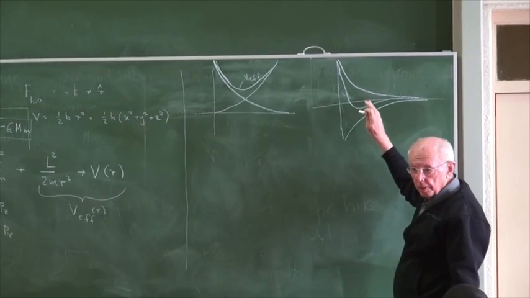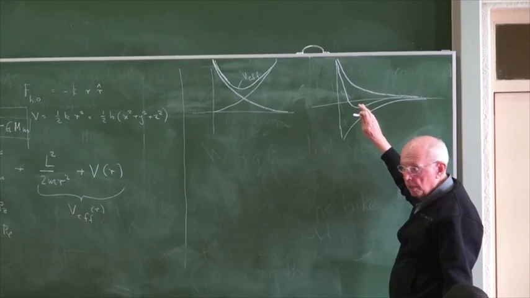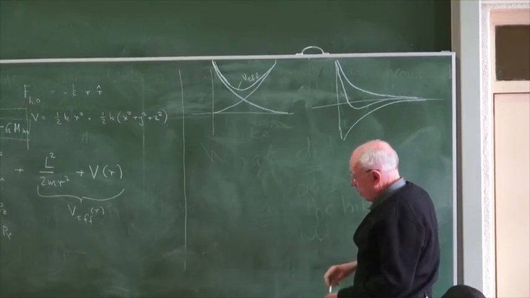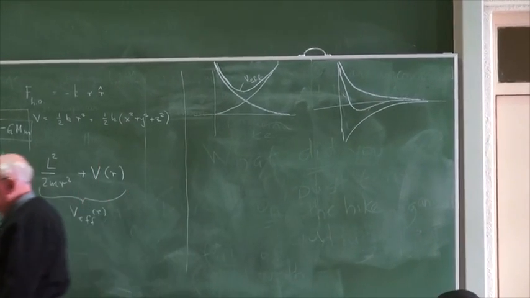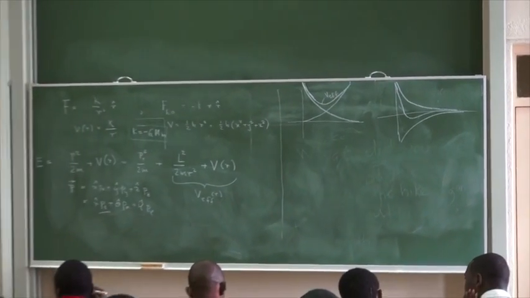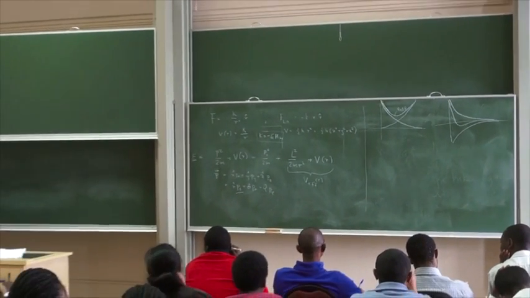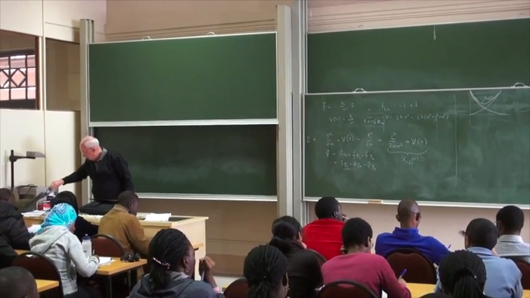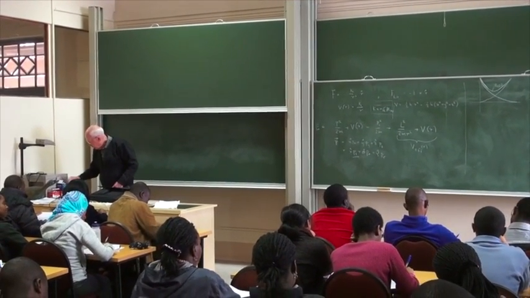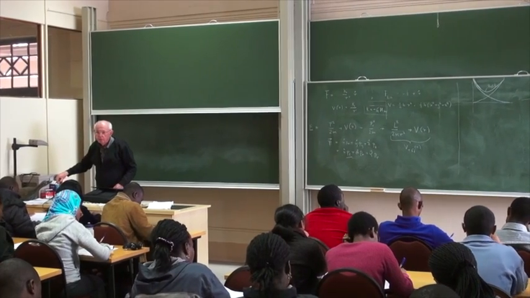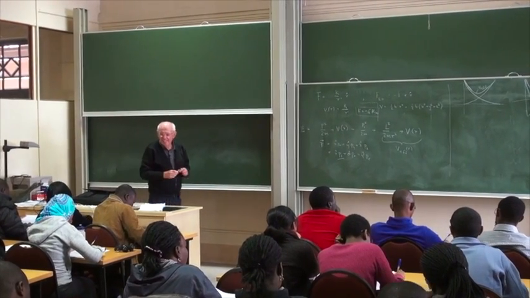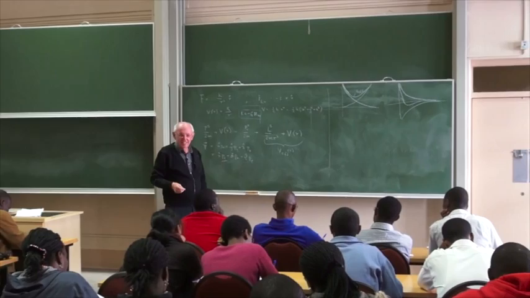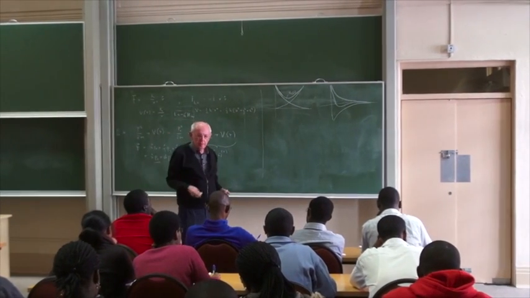And if L is very large, for very large L, what would happen? Someone must know. Just think of it. If I don't know, then nobody knows. So what happens if L is very large?